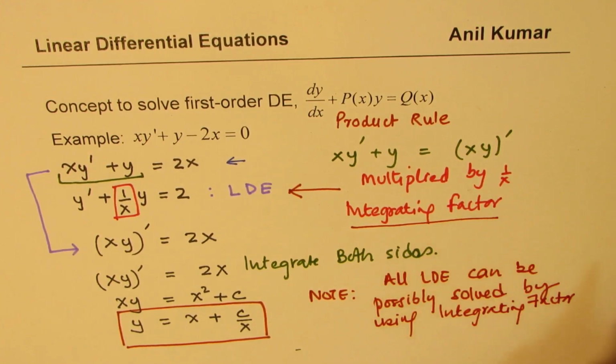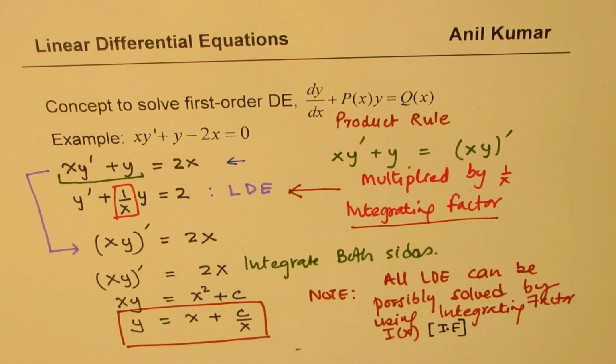It is a function of x. We'll normally write this as I of x. Is it okay? So that is our integrating factor. At times, I'll also write this as I.F., integrating factor. Perfect? So either thing we are going to use.